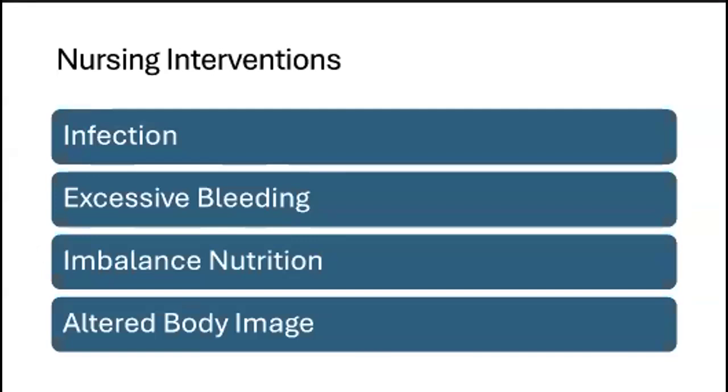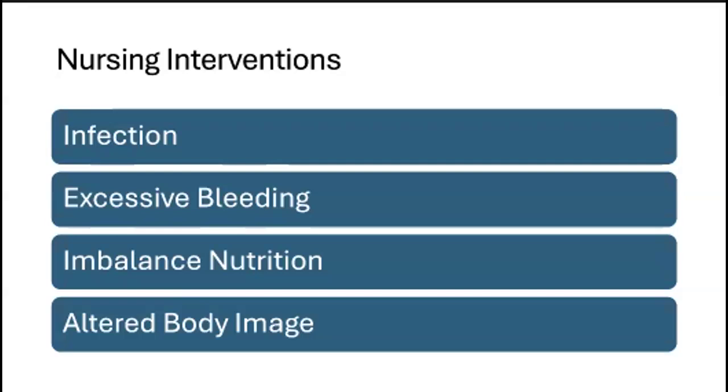If you have a kid who can have infection, you're going to be monitoring vital signs. You're going to be looking at lab values. If they become neutropenic, you put them on neutropenic or reverse isolation precautions. Check their skin and mucous membranes for any signs of breakdown. Encourage monitoring of bowel habits and dietary habits.